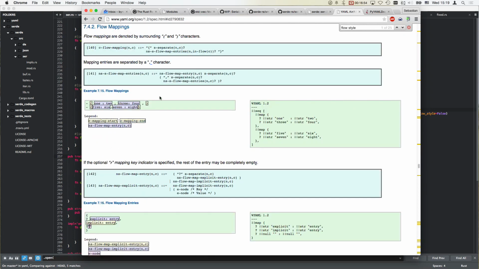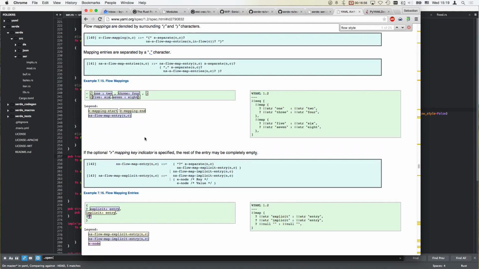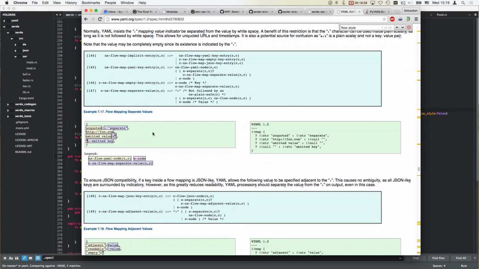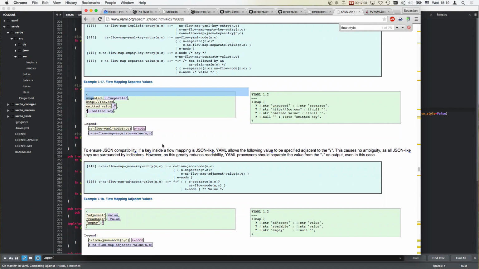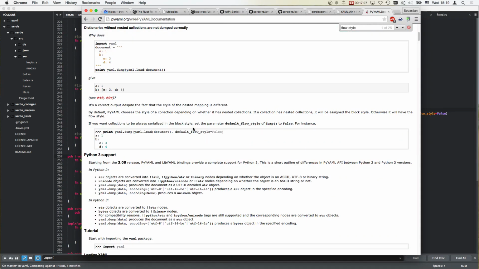Flow mappings. And how to use this in the serde-yaml world.